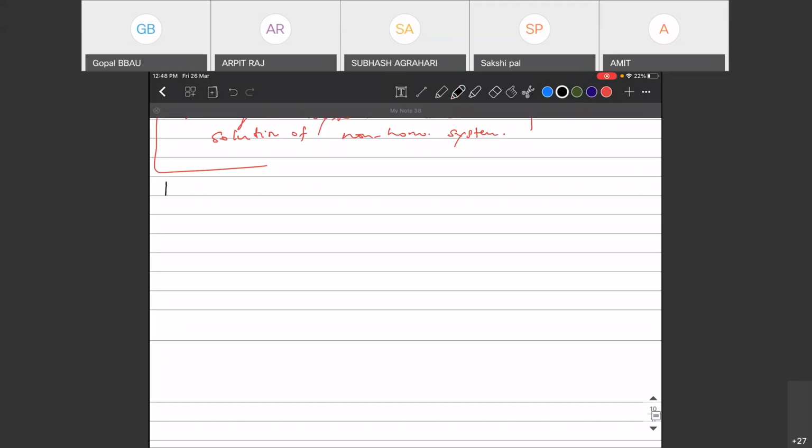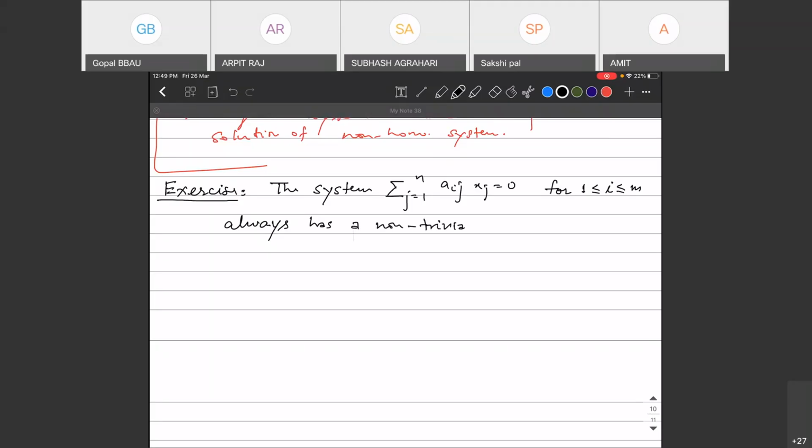So here is an exercise for you. The system: if we have a system of m linear equations in n variables, if m is strictly less than n, then this homogeneous system has a non-trivial solution.